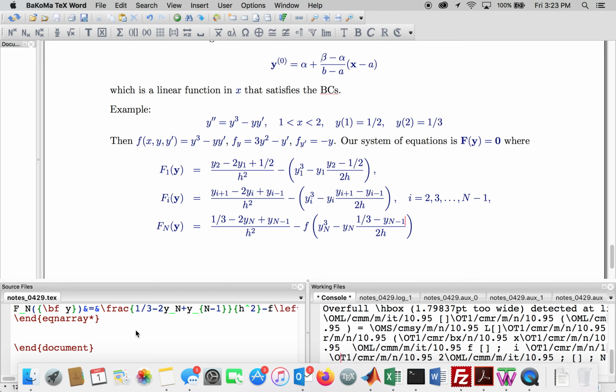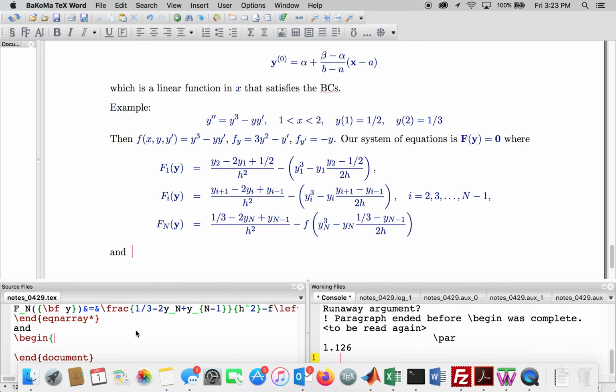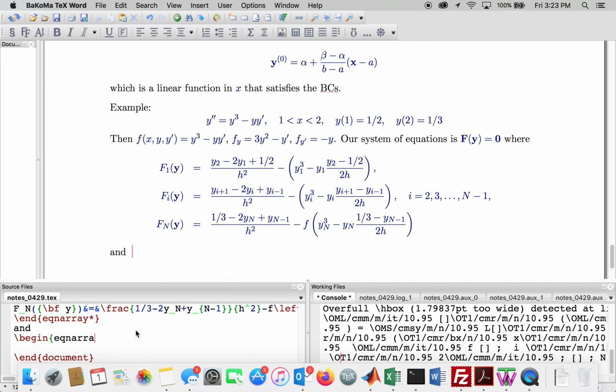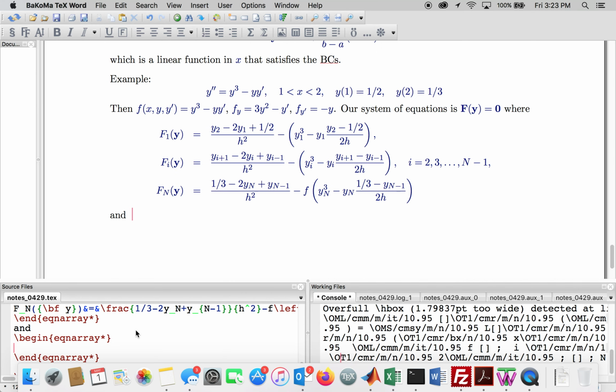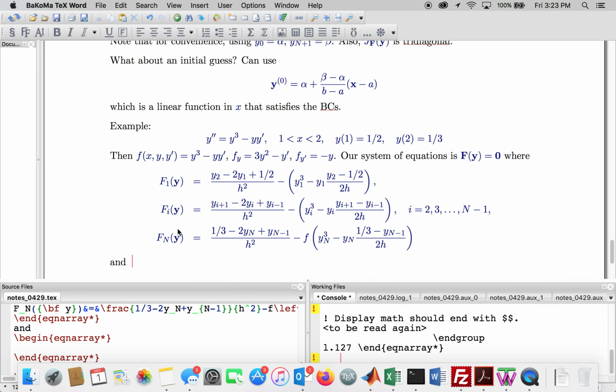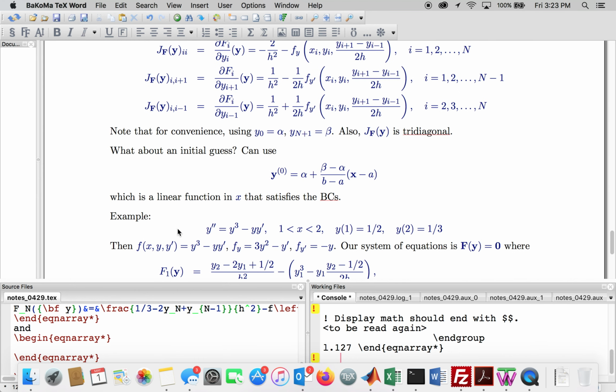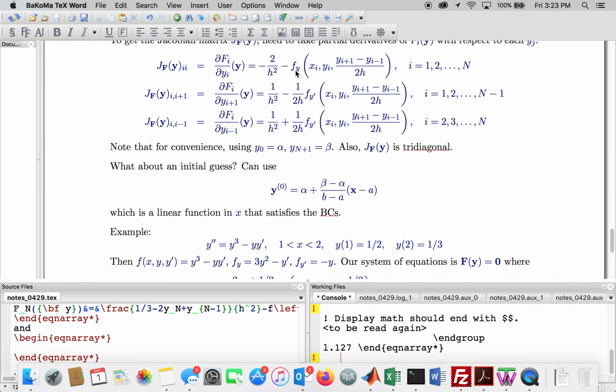Okay, so this defines a system of equations to solve, but now we also need the Jacobian matrix. So using the formulas from before, for the diagonal entries, notice I need df dy, and I have that down here. It's 3y squared minus y prime.